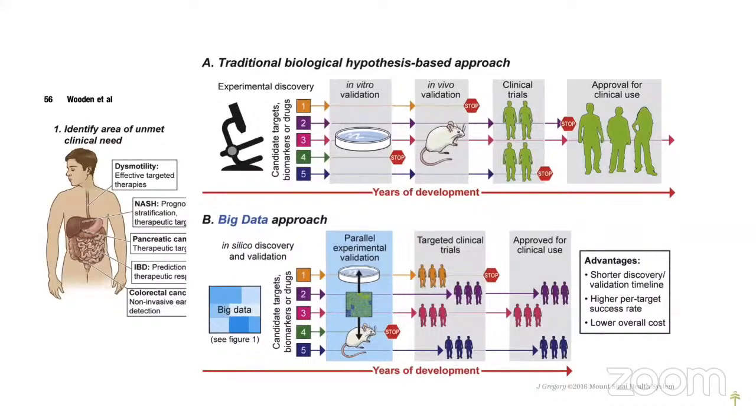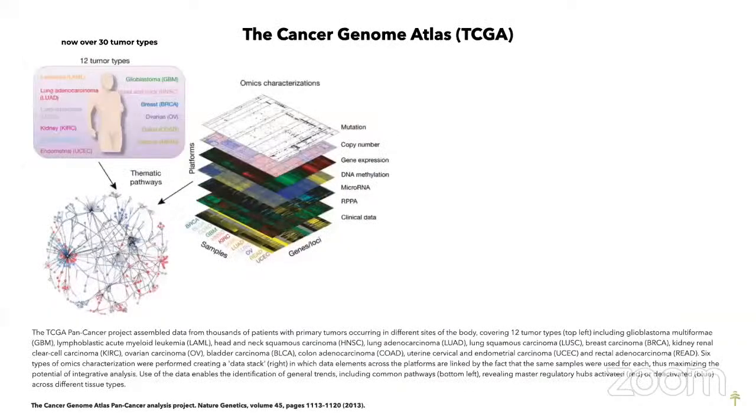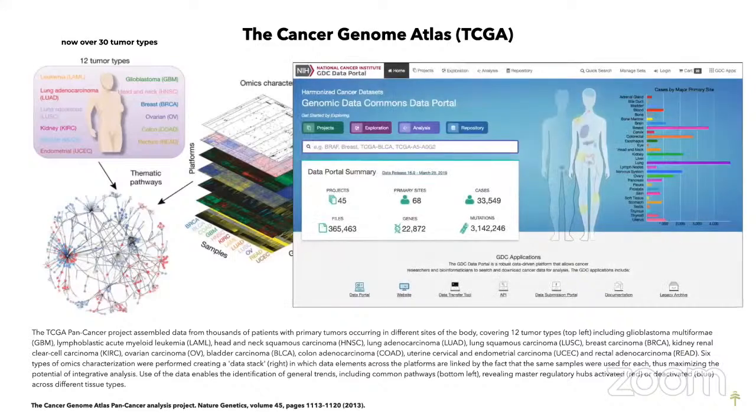We can see this oftentimes used when large-scale data is being collected on a particular disease. A good example is the Cancer Genome Atlas. The Cancer Genome Atlas is a work performed over several decades to collect samples with multi-omic data on patients and use their clinical phenotypes to find important associations.